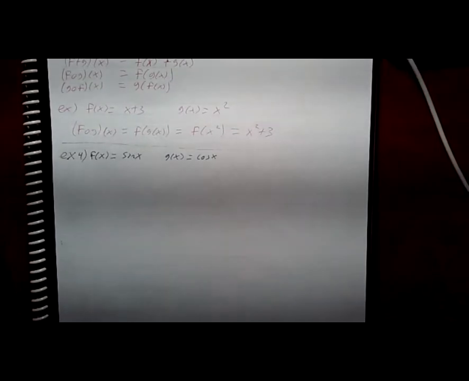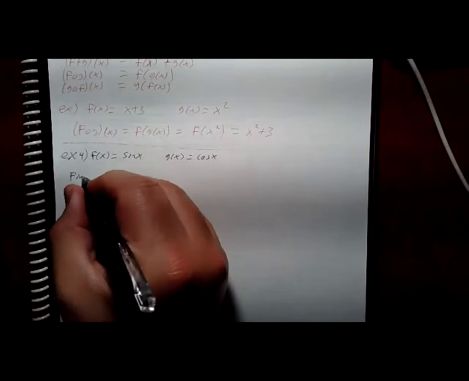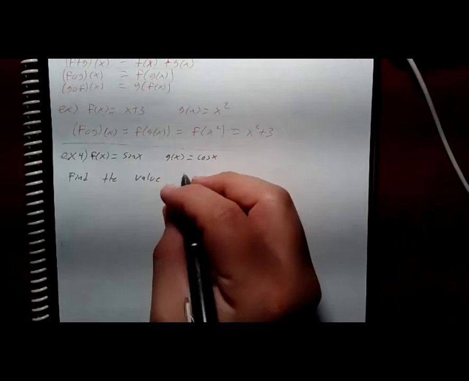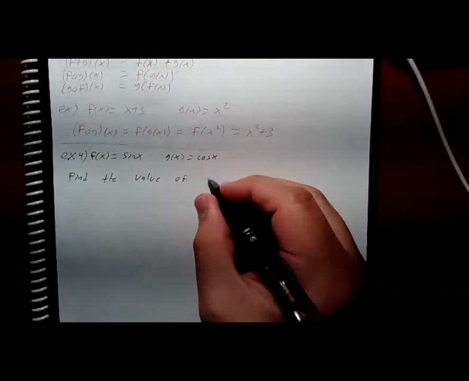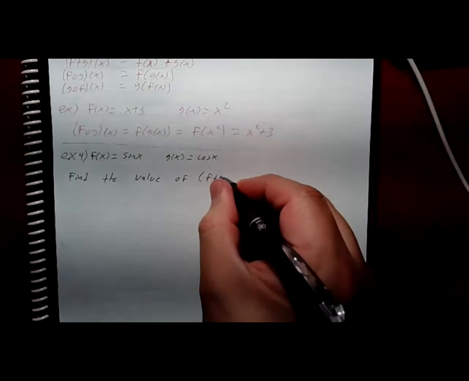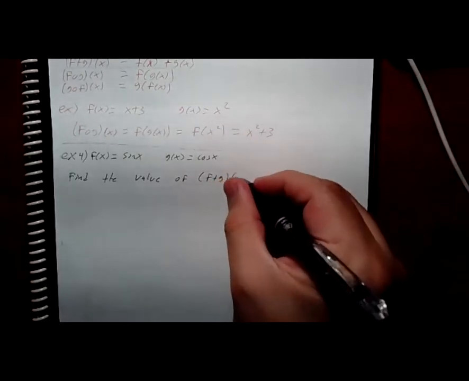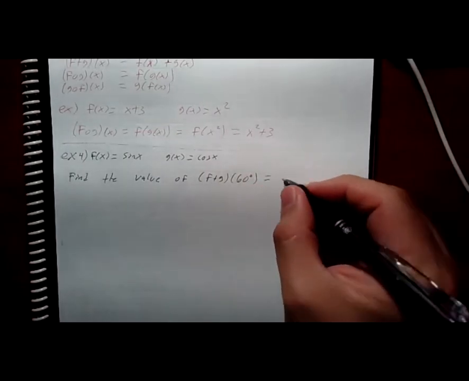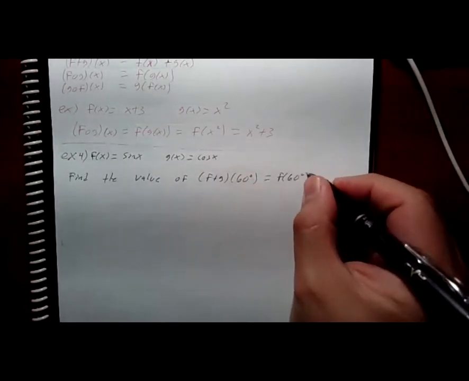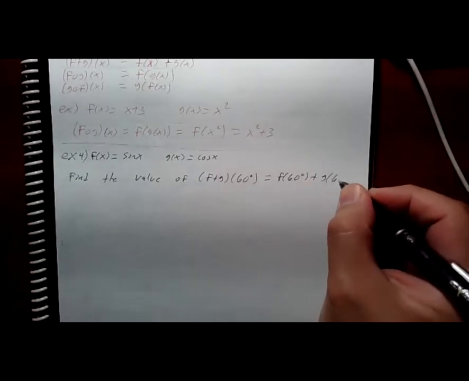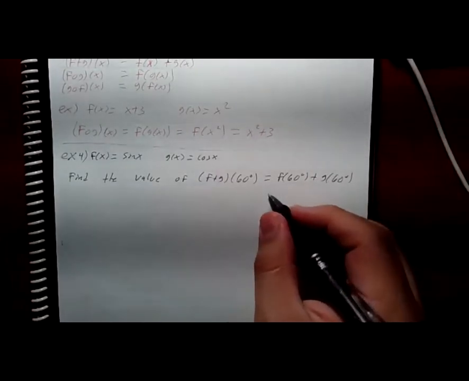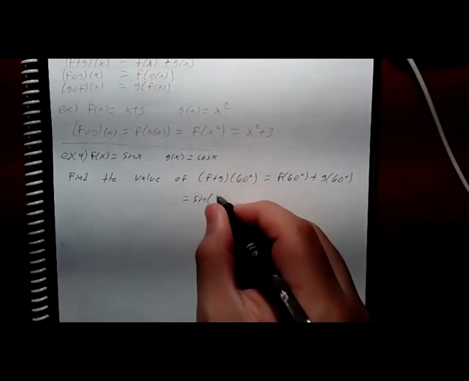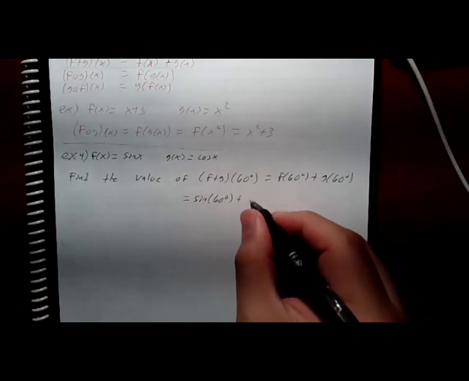Example 4, find the value of F plus G of 60 degrees. So all that means is find F of 60 plus G of 60, which is equal to sine of 60 plus cosine of 60.